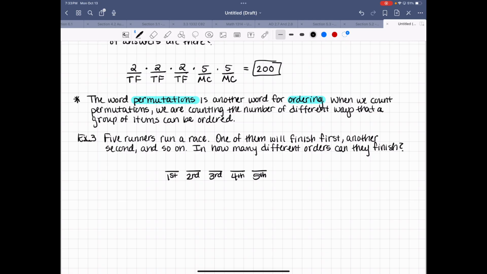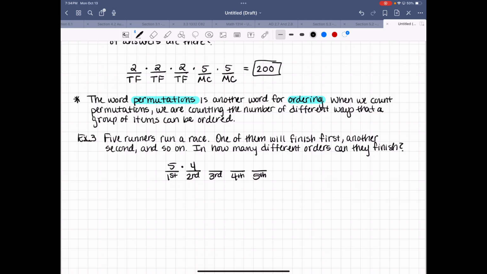So, everybody's running. The 5 people are running. How many different options are available for first place? 5. There's 5 people in the beginning. They're all competing for first. Okay? But first place is now taken. So, how many people are available for second place? 4, right?